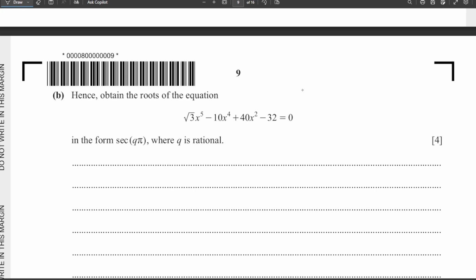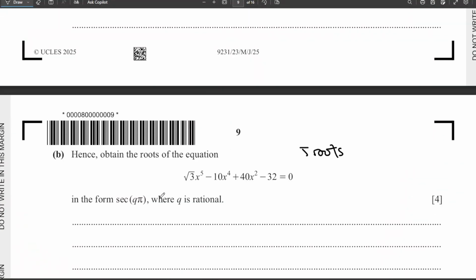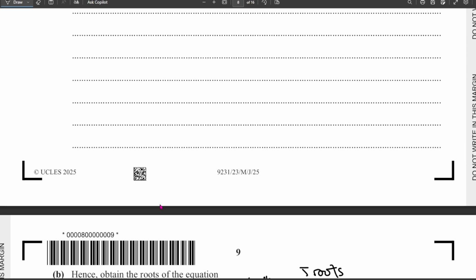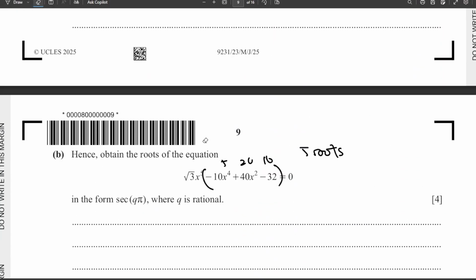So straight away we will say there are 5 roots. And what we can notice here is that somehow these three terms, if we factor out 2, you get 5, 20, and 16, which are similar coefficients to what we have in part A.